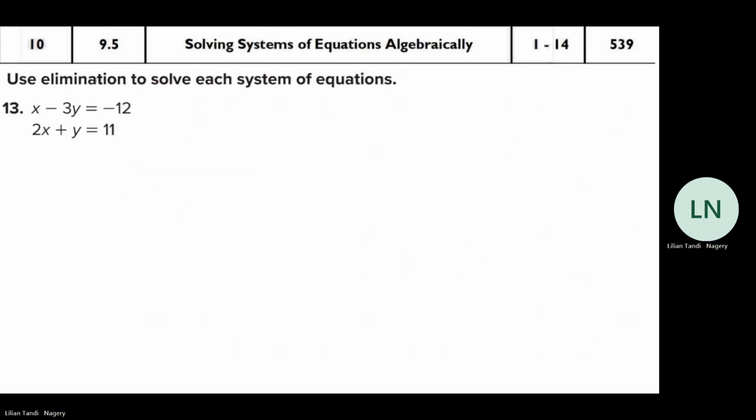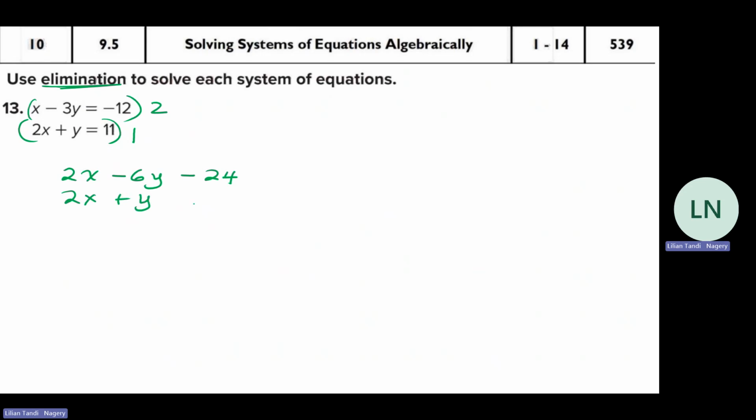Okay? All right. I will eliminate x. I'll multiply here by 1. I will multiply here by 2. So what do I have? 2x minus 6y equals negative 24. And here I have 2x plus y equals 11.